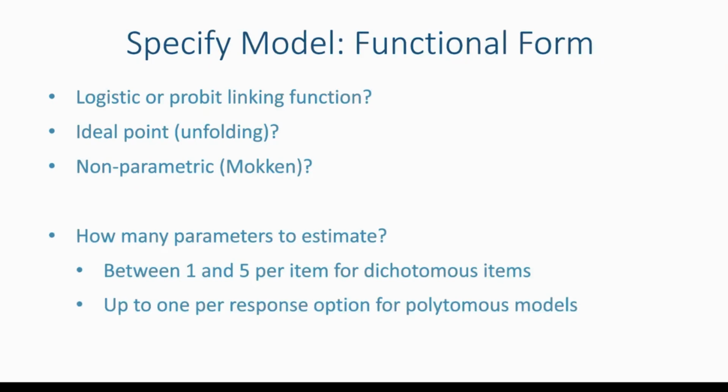So when it comes to specifying your model, this idea of functional form, one approach for specifying it is using a logistic linking function or a probit linking function. As a side, you can go from a logit to a probit linking function back and forth mathematically.